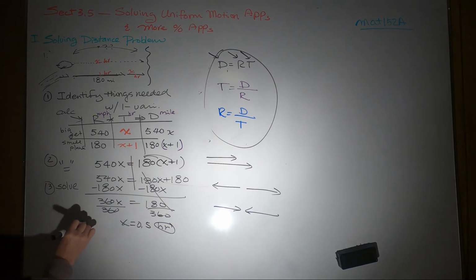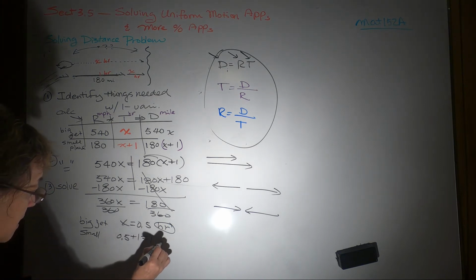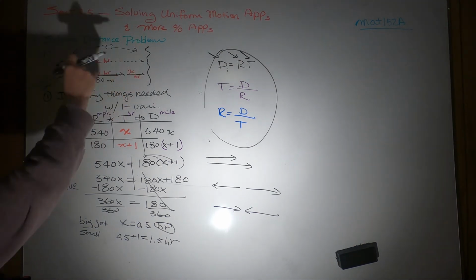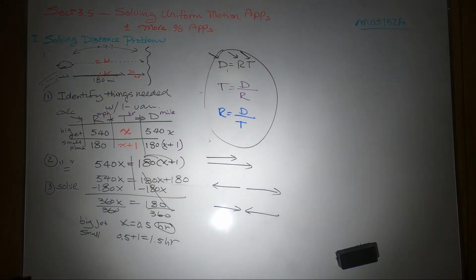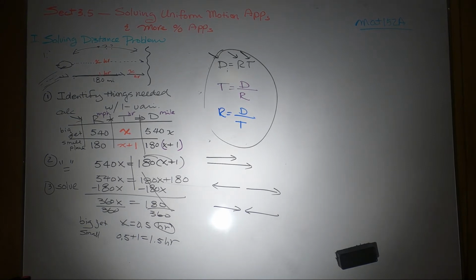So this is the big plane, the big jet. Then the small airplane would be what? 0.5 plus 1 will be what? It takes 1.5 hours when they see each other, right? Then look back, what was the question? How many miles are they from the airport when the jet catches the small airplane?